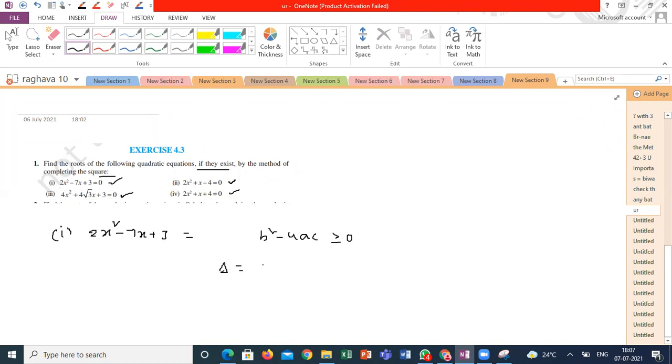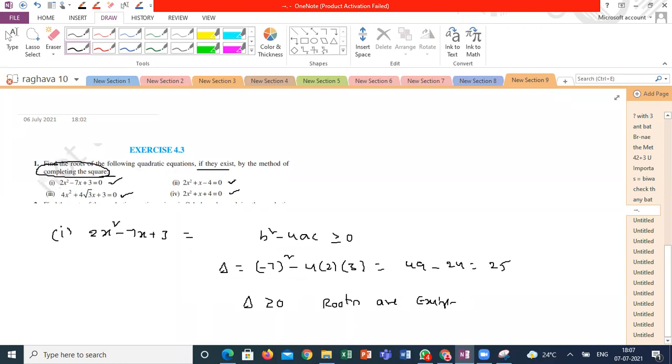So delta is equal to minus 7 whole square minus 4 into 2 into 3, so this is 49 minus 24, 25. So delta is greater than or equal to 0, so roots exist. And once roots exist, you have to use the method he is saying and solve. So this solution we did, but we didn't check the existence of the roots.